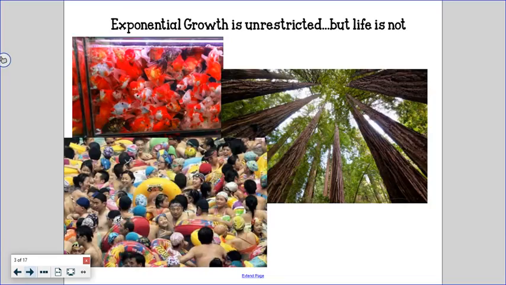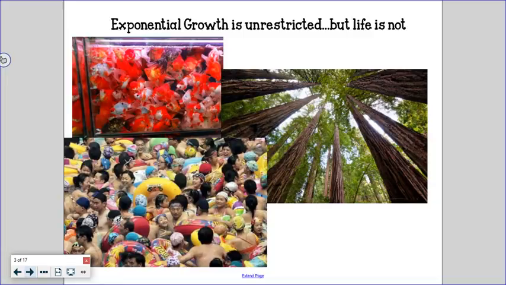Things like fish in a tank. They might grow very quickly when you first put them in there, but at some point we're going to run out of room. The height of a tree, yeah, it continues to grow, but trees are not infinitely tall, right? At some point, they reach a maximum height.